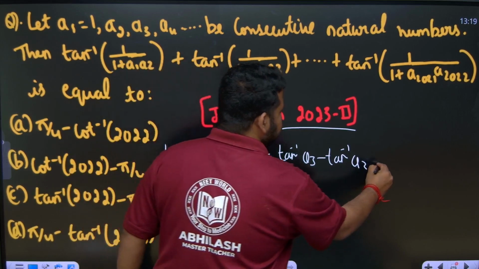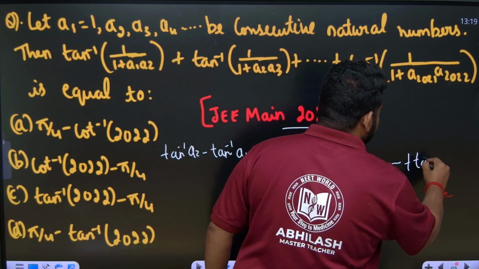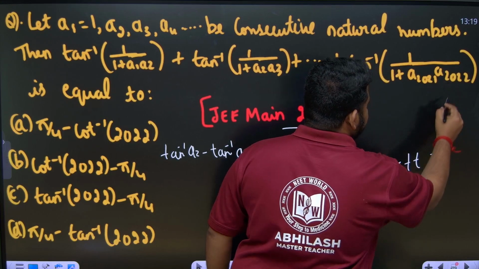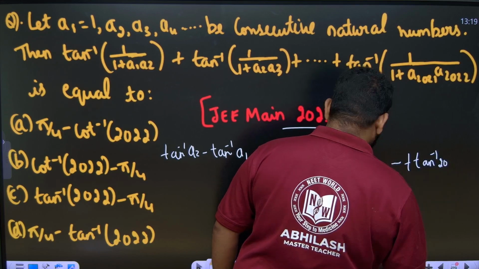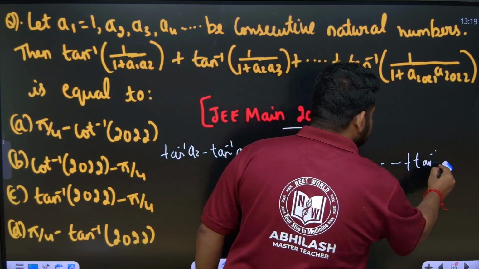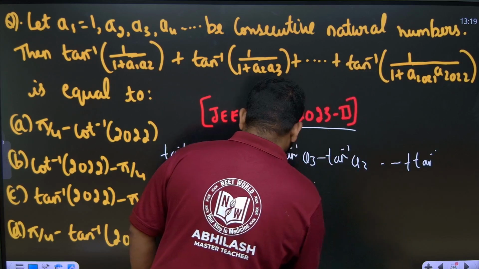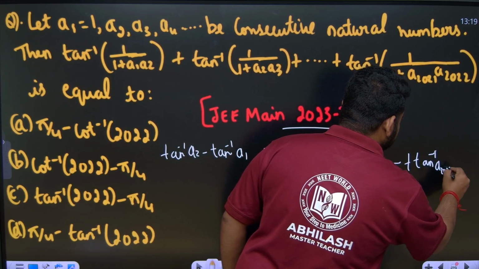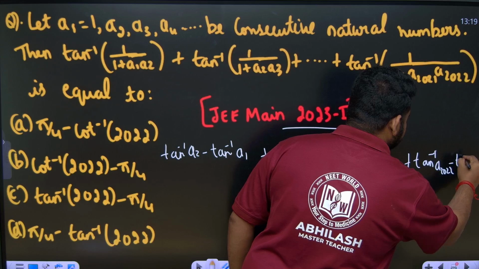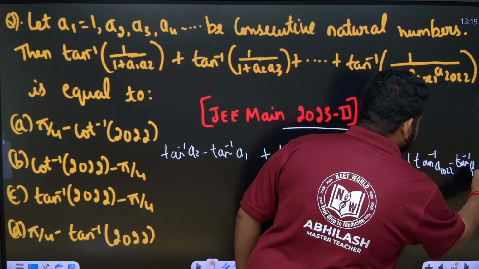So up to tan inverse of a2022 minus tan inverse of a2021.